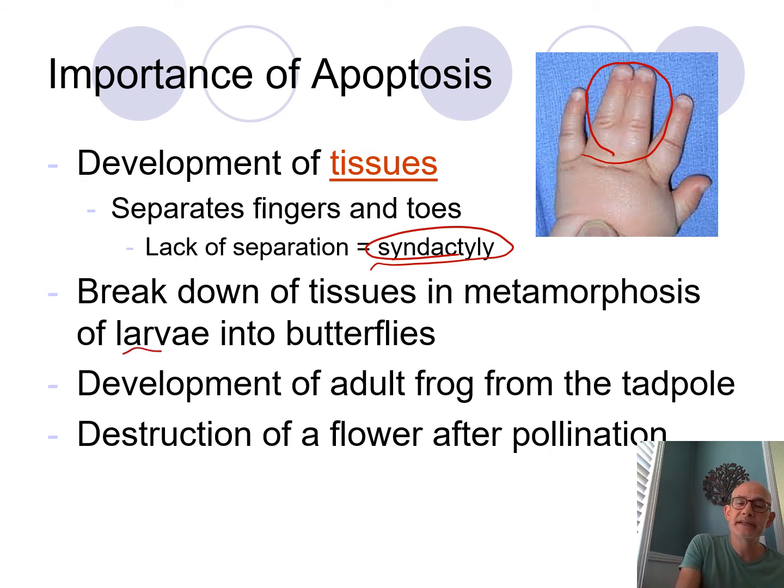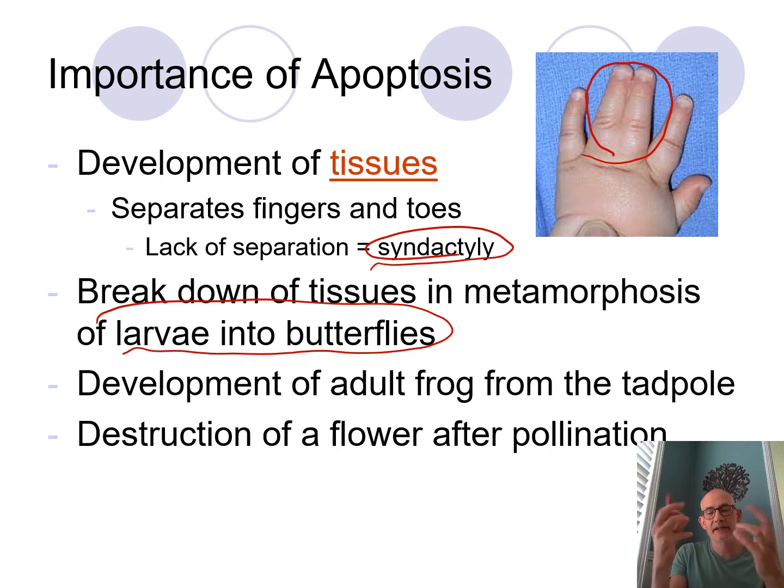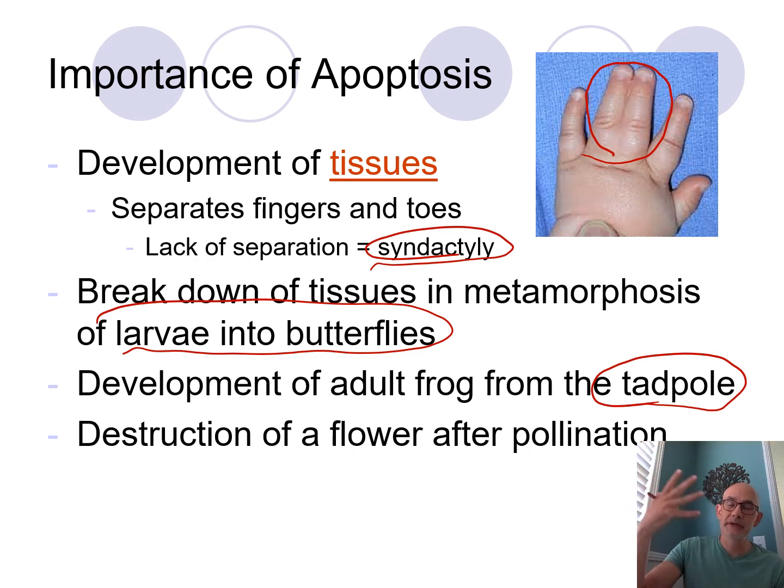Caterpillars into butterflies, so when they go into their chrysalis, their body gets broken apart and then rebuilt. The disappearing of the tadpole's tail is by apoptosis. And in plants, after a flower is pollinated, the flower has done its job. It has brought the pollinator in, it has been fertilized, so maintaining that pretty structure is going to be metabolically expensive.